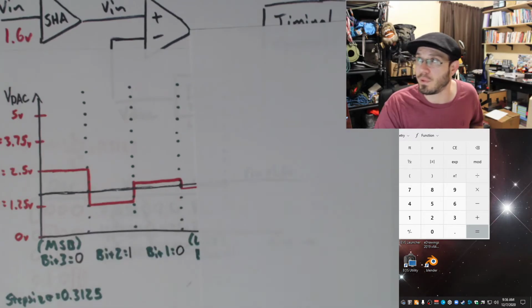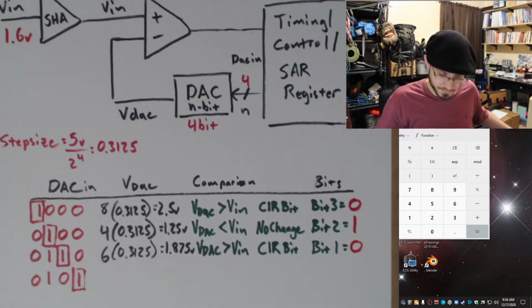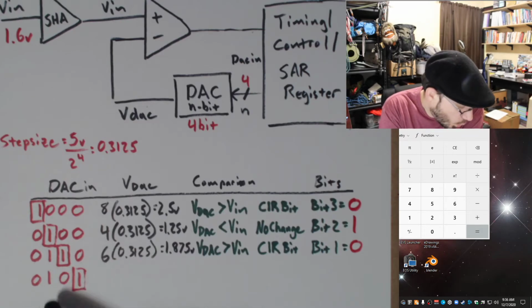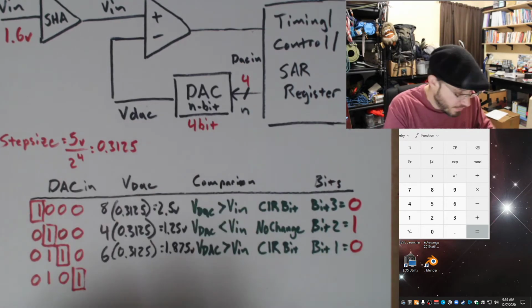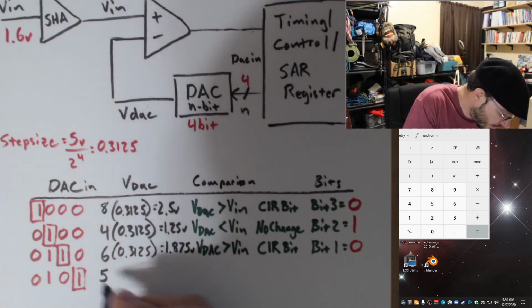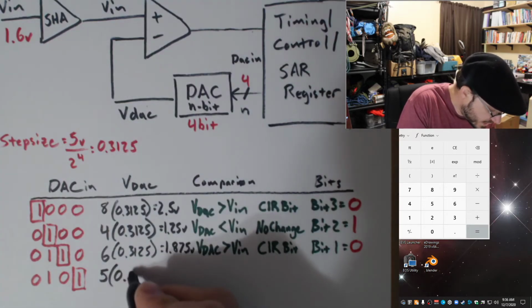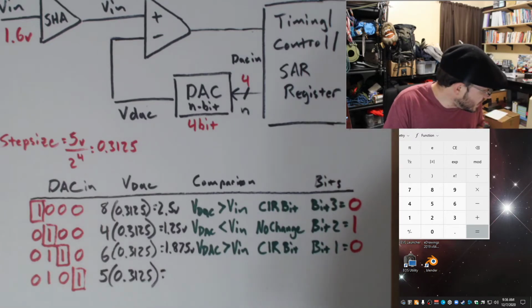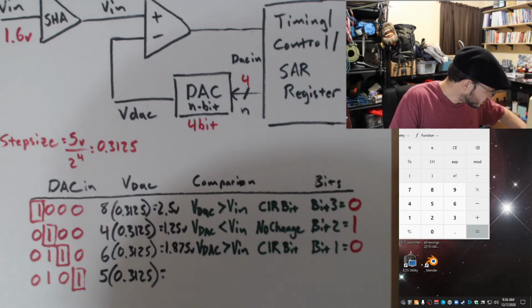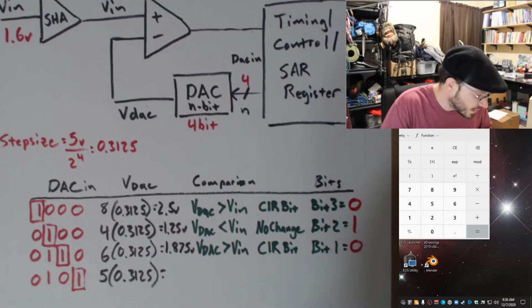Let's calculate what that is. 0101 is 5. So now we have a numeric 5 times our step size of 0.3125, and that's going to be equal to 1.5625.